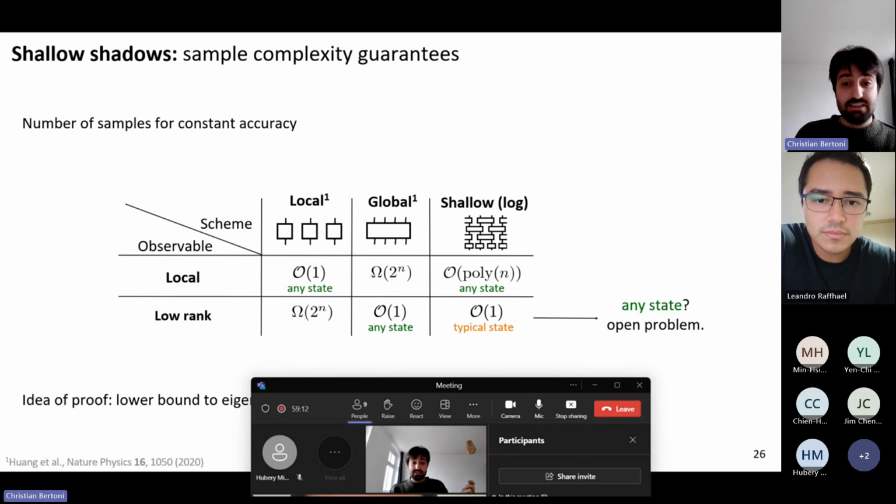So this is the same as asking for the sample complexity if the state was the maximally mixed state. Intuitively, this is probably easier than any state. What this does in particular is that the variance goes from being a third moment to a second moment, so it becomes quadratic in the unitaries.